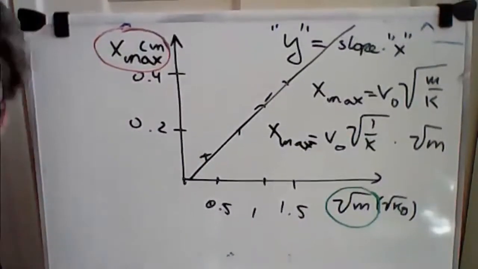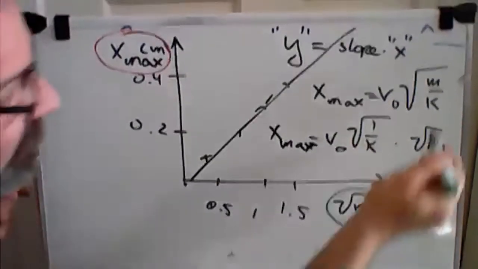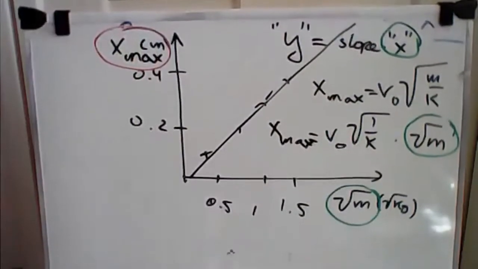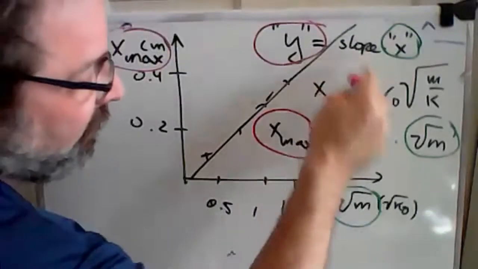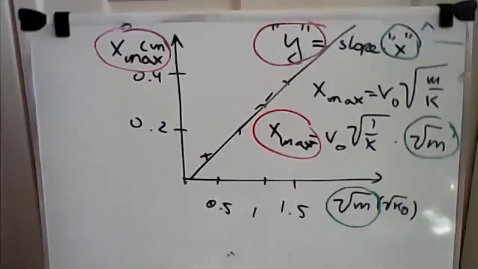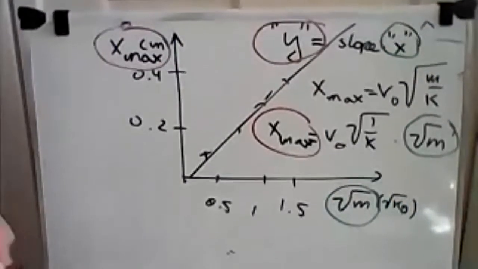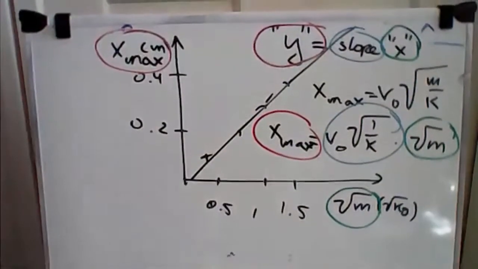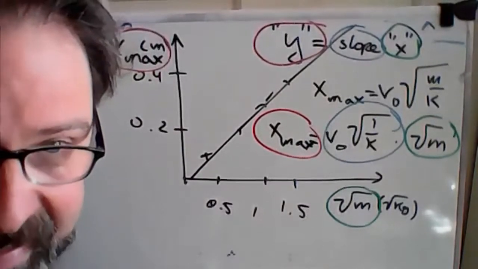And now that we've unbaked over here the variable, and specifically the x variable is here, and then out front we have what's called the y variable, then this thing here corresponds to the slope. And let's use blue. There we go. So the slope now is this thing. Okay, so the slope is v0 square root 1 over k.